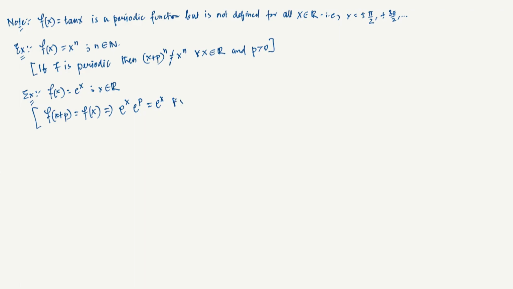This should hold for all x in R. But exponential is always positive, so you can cancel e power x from both sides. So e power p has to be 1, which implies p has to equal 0. But that can't be a period, because by definition a period is a positive real number. So this is again not periodic.